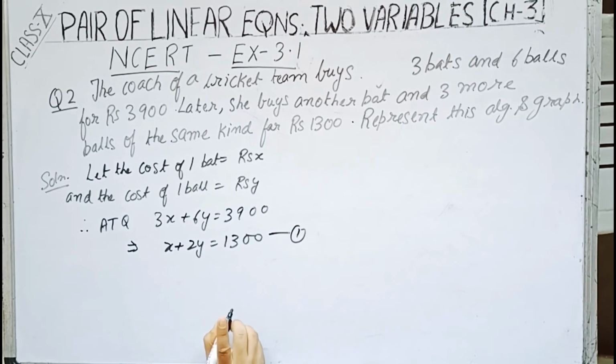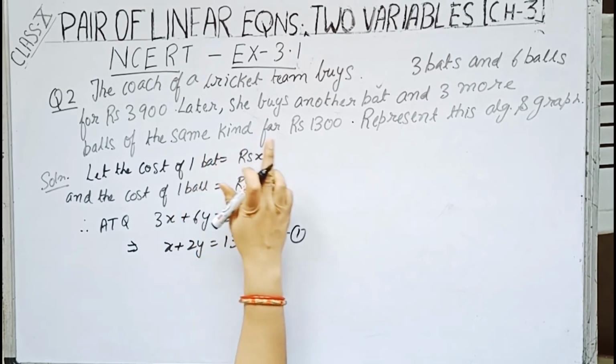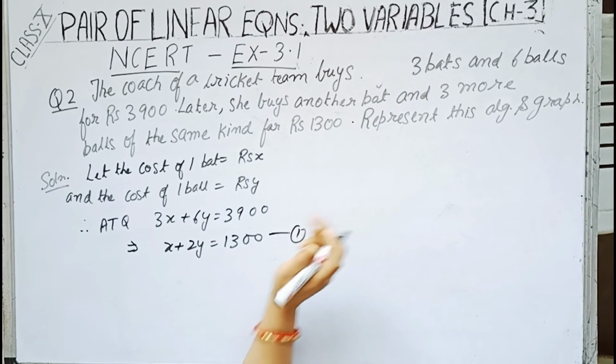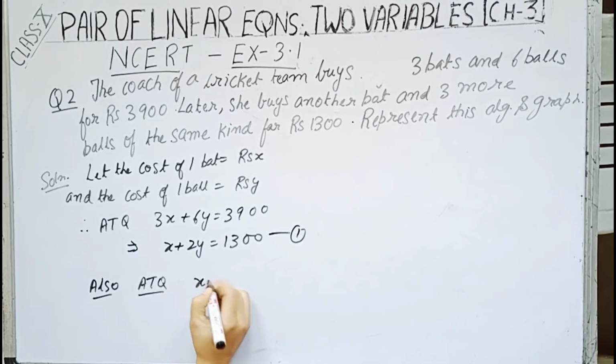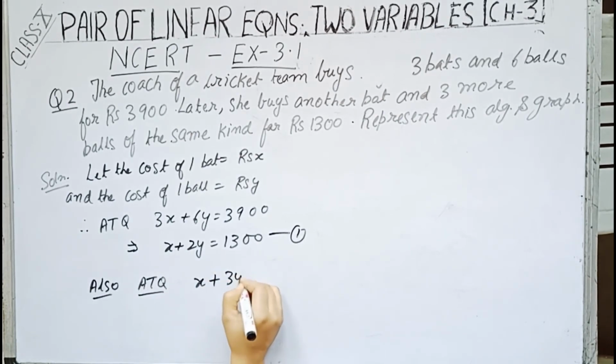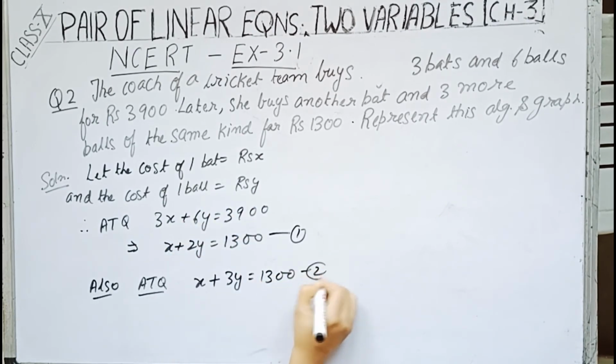Now the second part says that later she buys another bat and 3 more balls. So, according to the question, 1 bat x, plus 3 balls, 3y, equals 1300. So the second equation is this one.